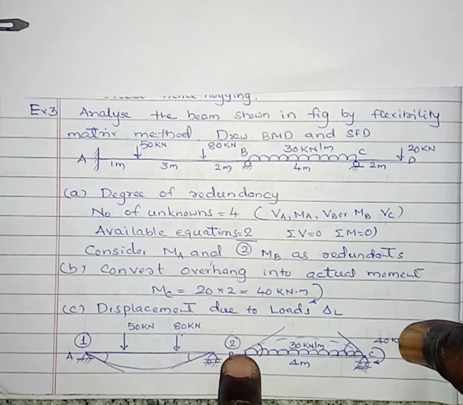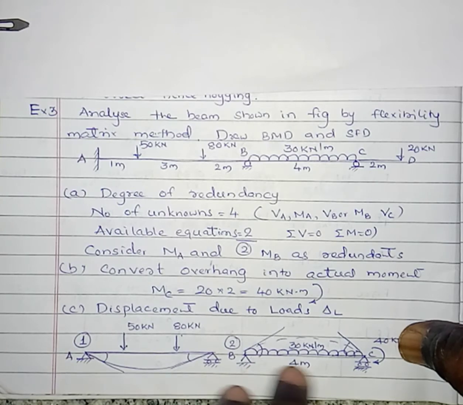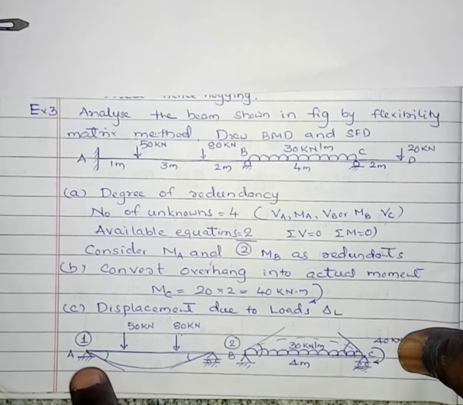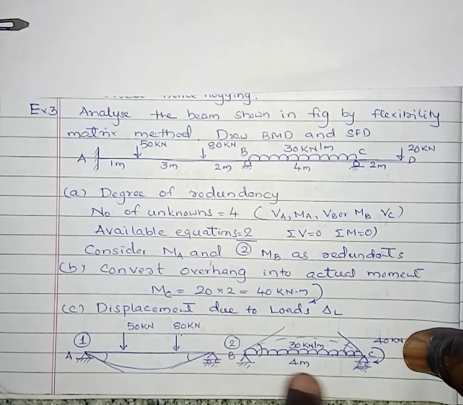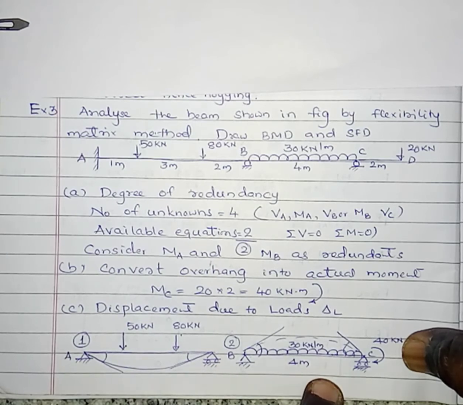By releasing the structure, by removing the redundant reactions, we have to draw the stable determinate structures of span AB and BC as shown in the figure. Here this one is 30 kilonewton per running meter over a length of 4 meter.